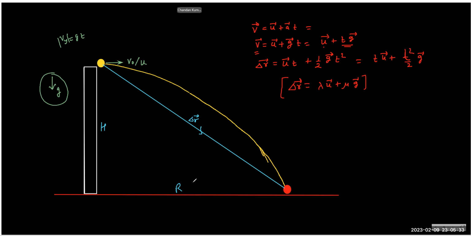Is it displacement? No, range is not displacement. So what is range here? It is the horizontal displacement in this context. As the context changes, you have to understand the context and then apply the formula. Generally, the mistake happens when we forget the underlying context in which something is being said by a teacher for a given situation.